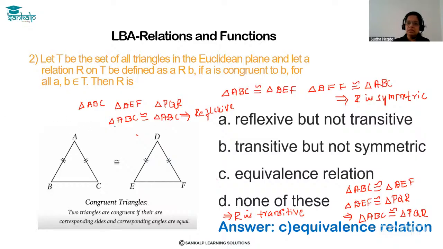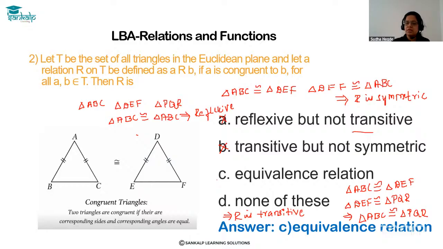Now let us check the options. First one is reflexive but not transitive, but we have proved R is transitive, so you can discard the first option. Similarly, transitive but not symmetric, but we have proved it is symmetric.